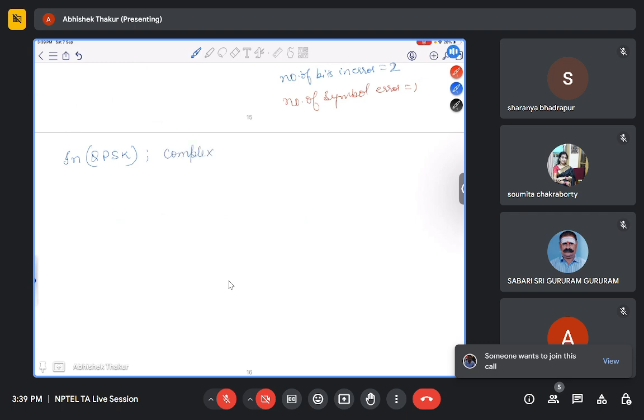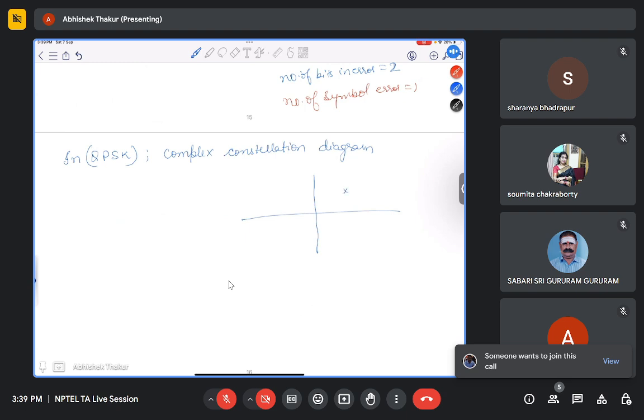What does this mean, complex constellation diagram? Each symbol is phase shifted by 90 degrees. That's why it is quadrature phase shift keying. Earlier the phase shift was 180 degrees, that was binary phase shift keying.